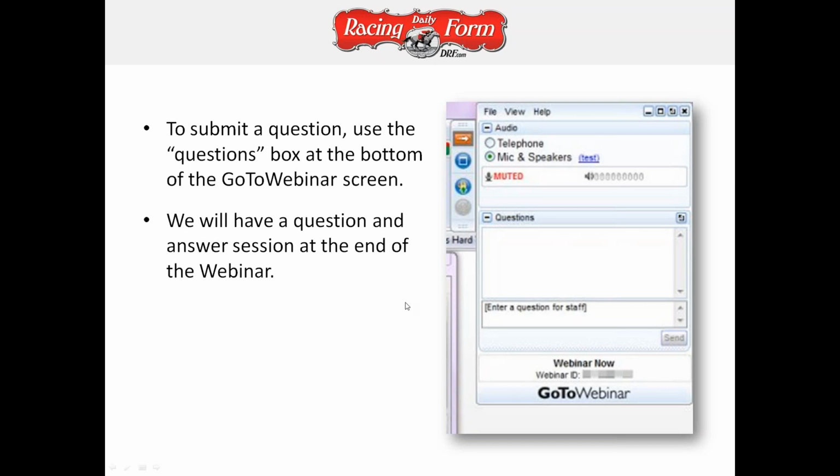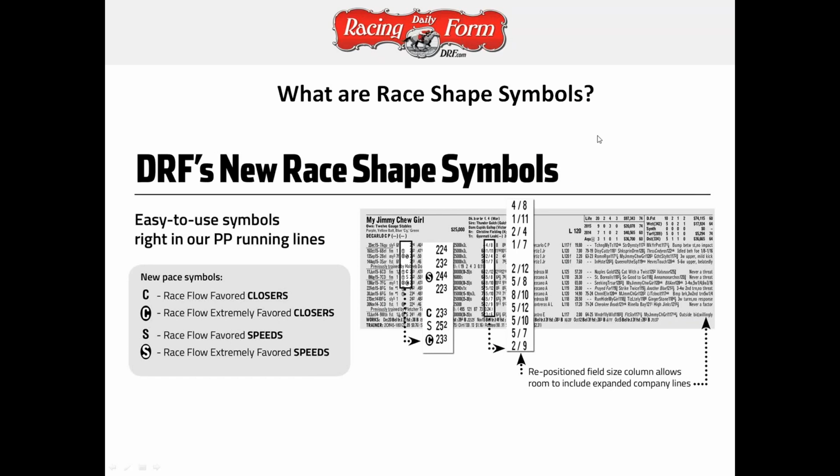All right, Kenny, so let's give a little bit of an overview of what these symbols are, how people use them, what they do and what they don't do. Okay, what they attempt to do is identify the race flow for a given race, which means if the race favored closers or speeds, or whether sometimes it's neutral, sometimes it's too hard to determine.